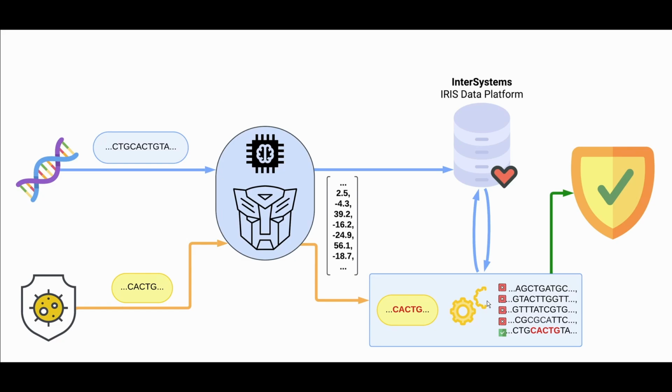If we find the gene, we say that the organism is resistant, because the DNA sequences come from a single organism. That's how we determine if a certain organism or bacteria is resistant to a certain antibiotic.